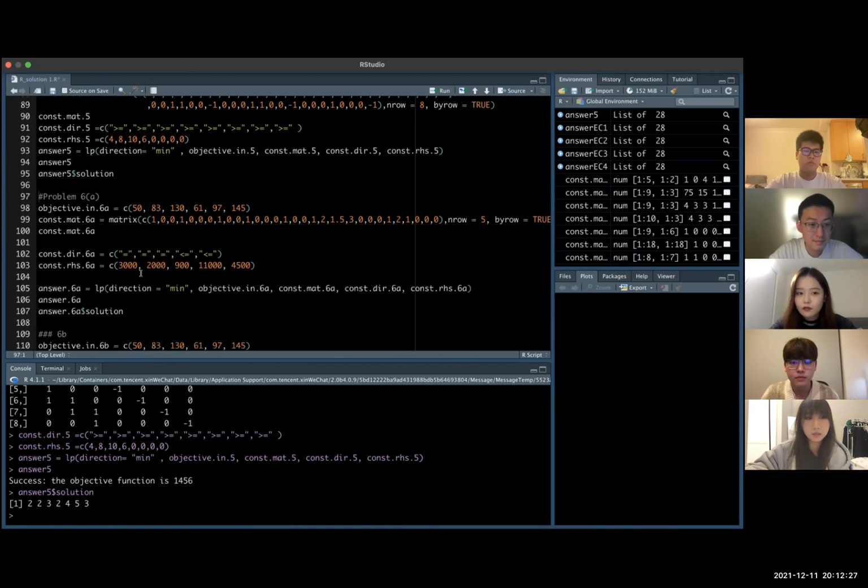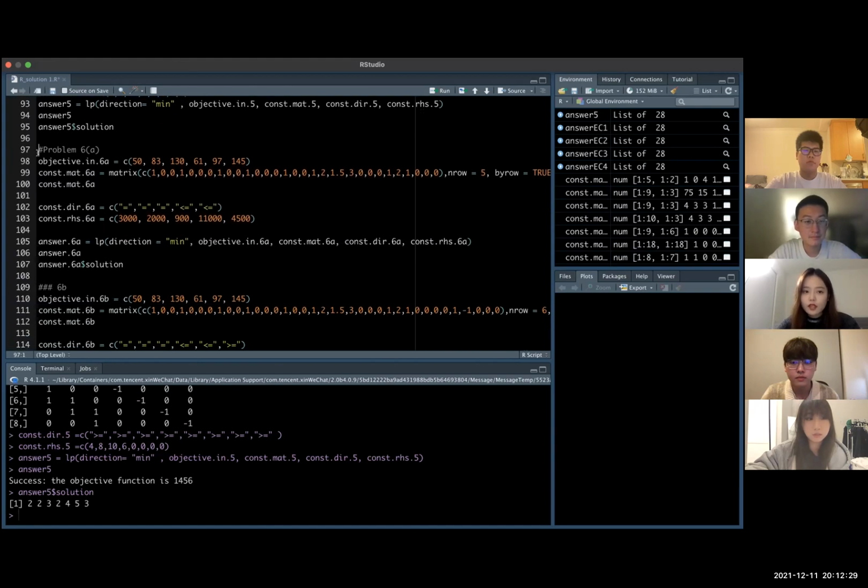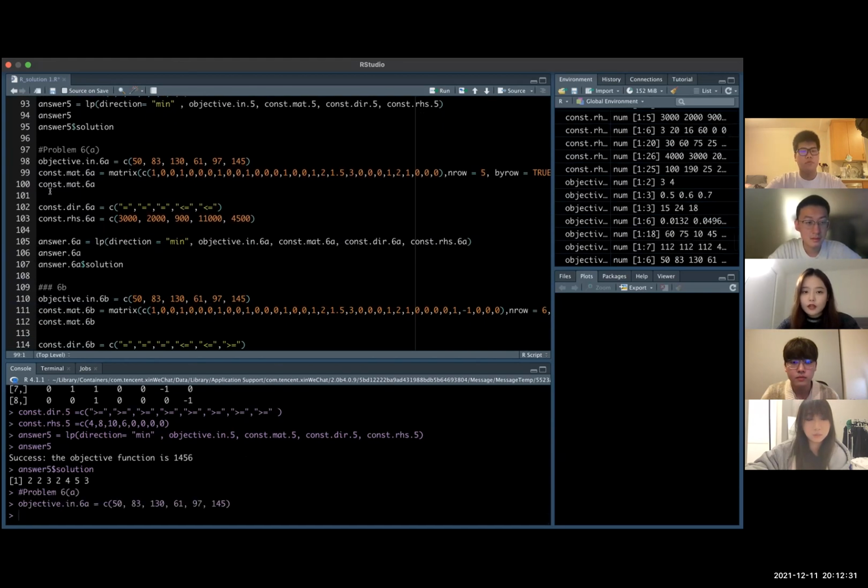Next, please. For question 6, after understanding the question, we can set up the coefficient of the objective function, which is the cost of the make and buy of modules 1, 2, and 3. And then the matrix of constraint coefficients. We have the following constraints.